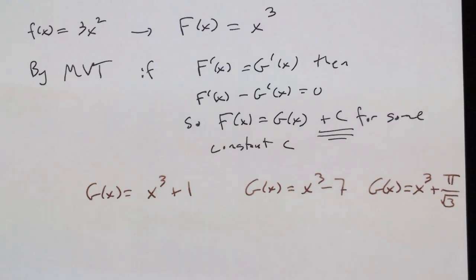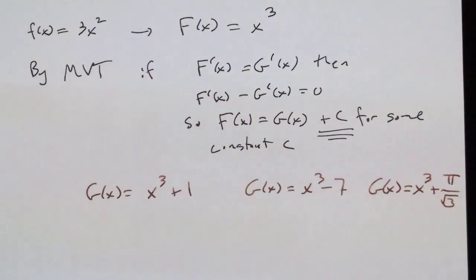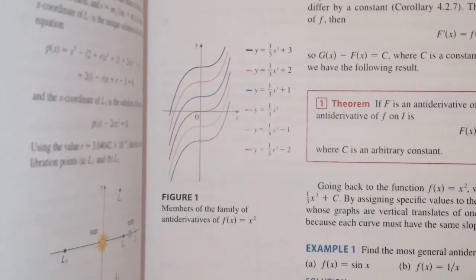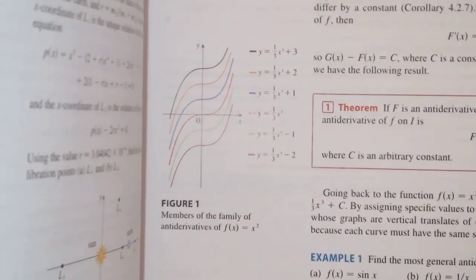They have the same slope at every point. These are parallel curves, not parallel lines, but parallel curves. Page 357, figure 1. They're the same curve, just moved up and down.